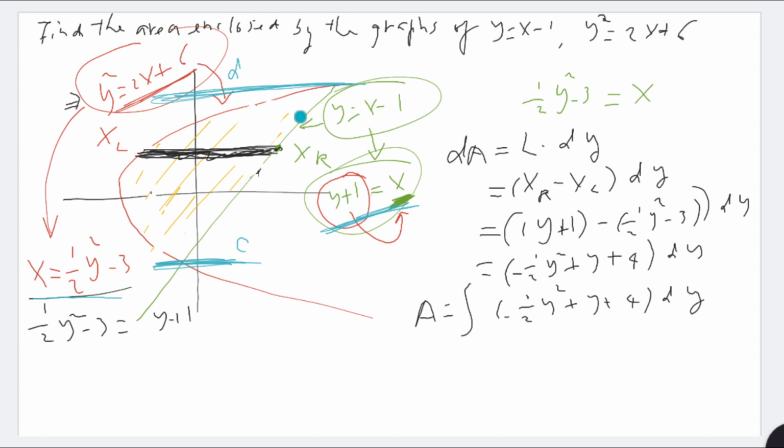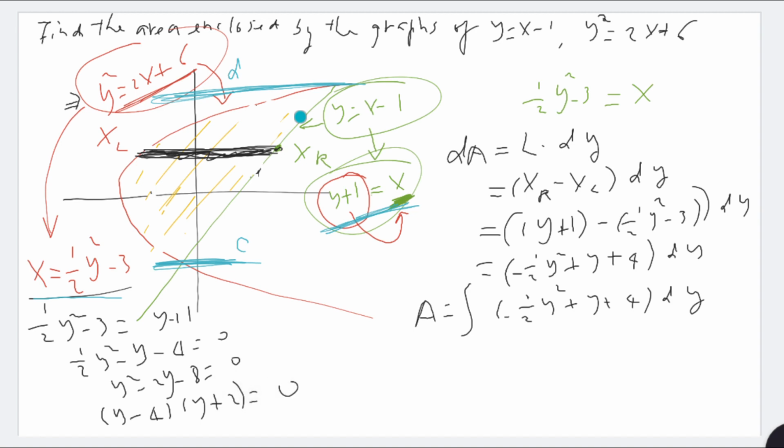All right, so simplify it. Maybe 1/2 y squared minus y minus 4 equal to 0, and multiply by 2. Then factor: y minus 4, y plus 2.